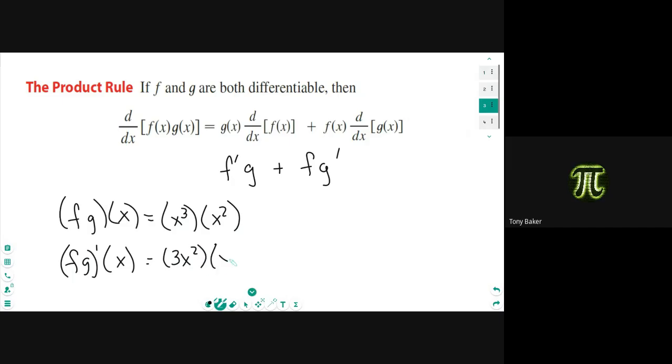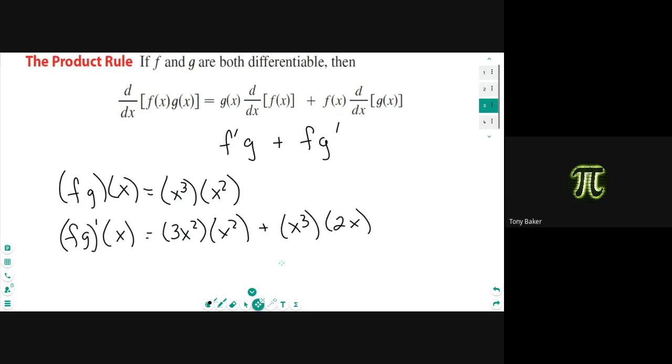Times the second, which was just x squared, plus x to the third times the derivative of the second one, which is 2x. So I have 3x to the fourth plus 2x to the fourth, which is 5x to the fourth. And that now works.